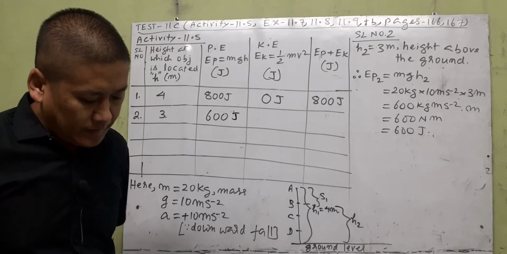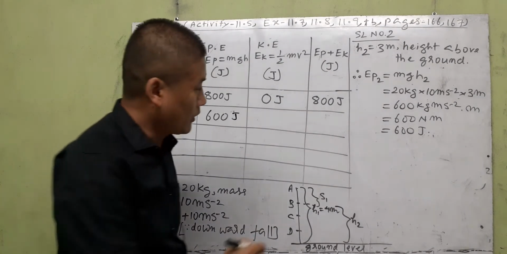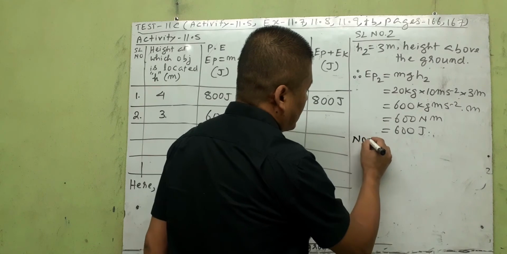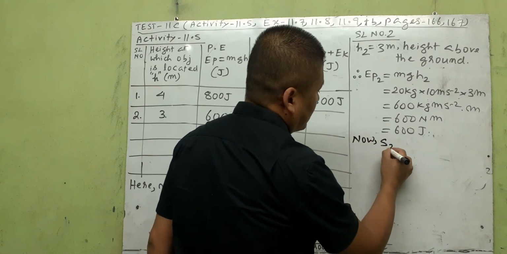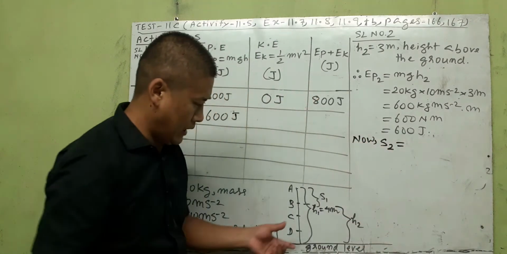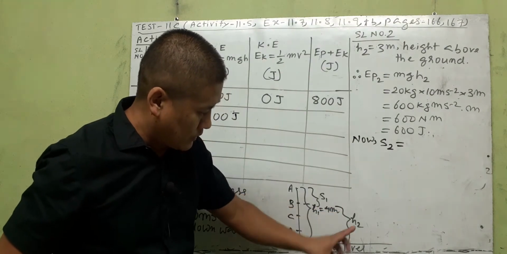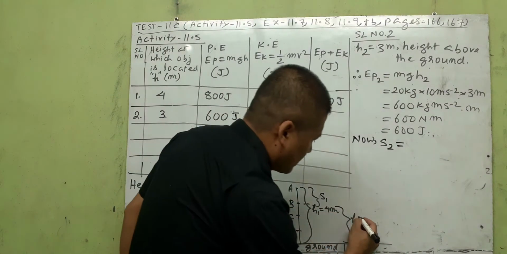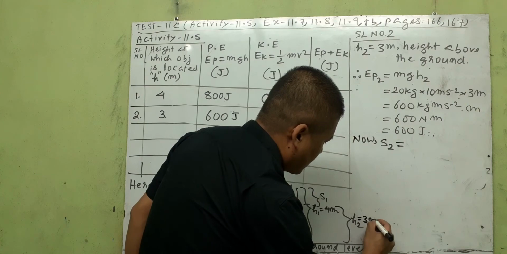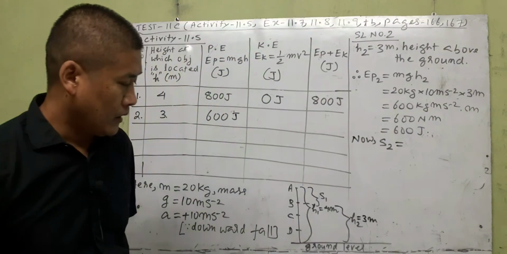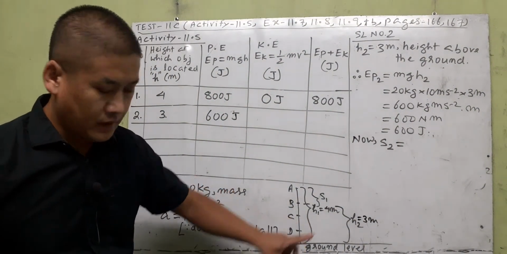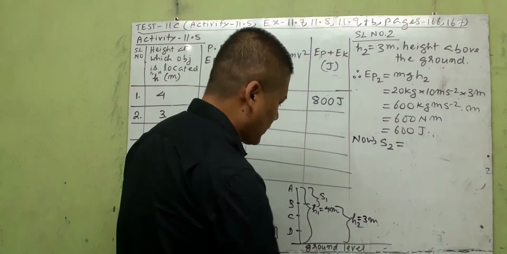Now for kinetic energy. To calculate the kinetic energy, we need to take the distance traveled. This is the height above the ground, H2, which is 3 meters. We know that, but we need not write it, okay, write it if you want.